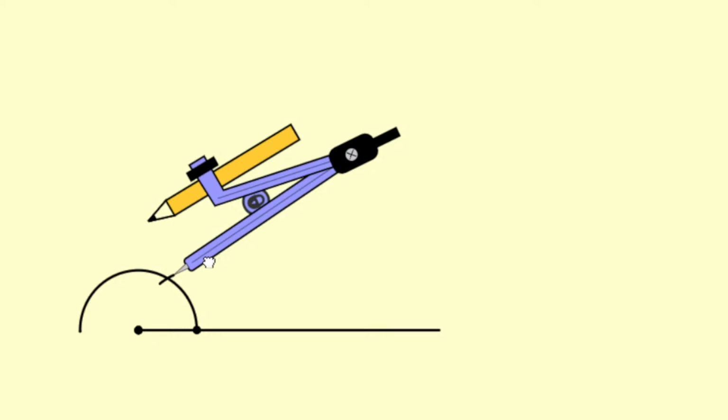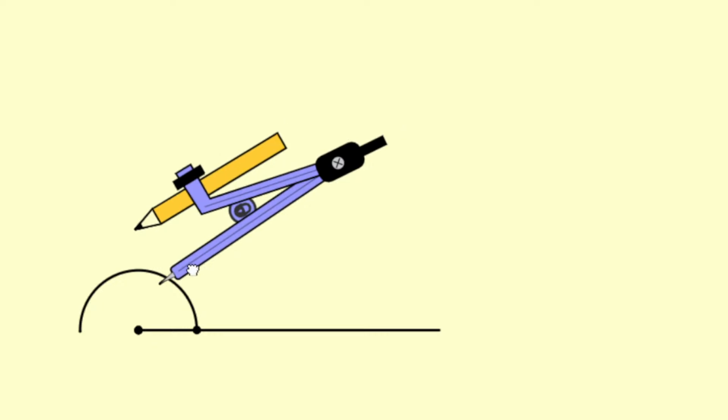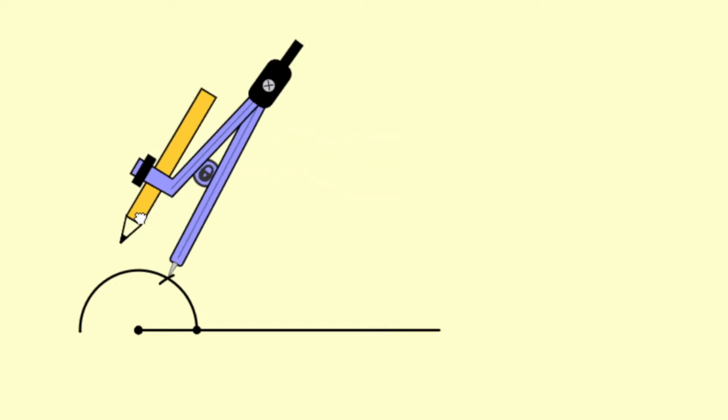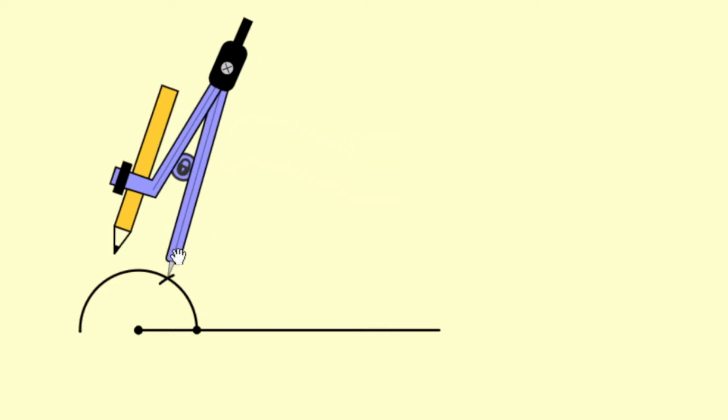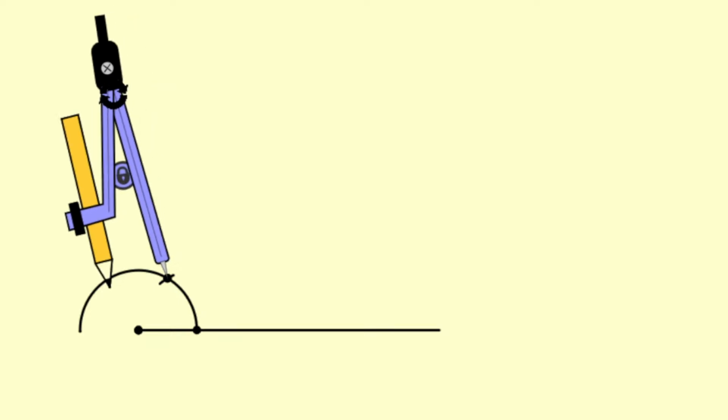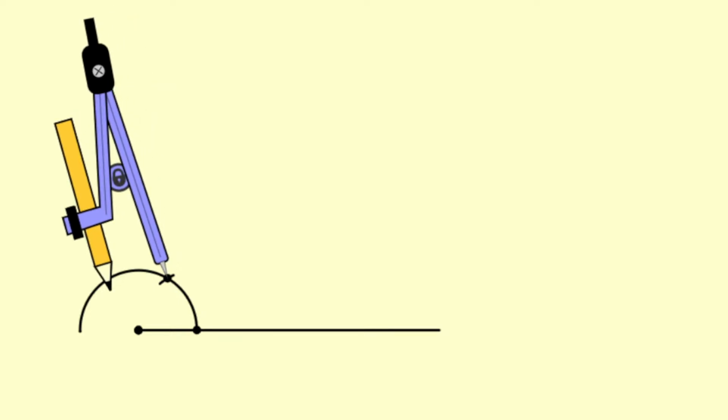Now you have to keep the compass at this point where you have drawn the arc, and draw the second arc with the same compass radius. Two arcs. The first arc gave us the angle of 60 degree.